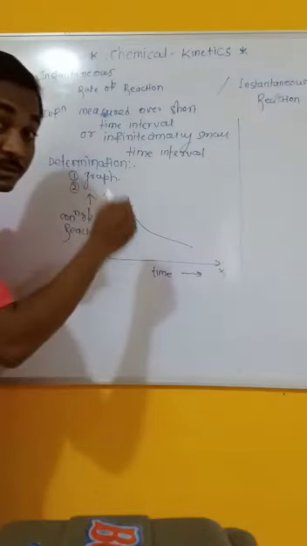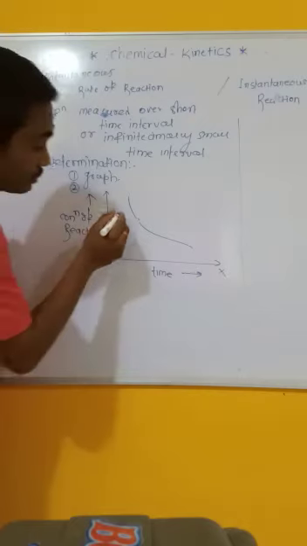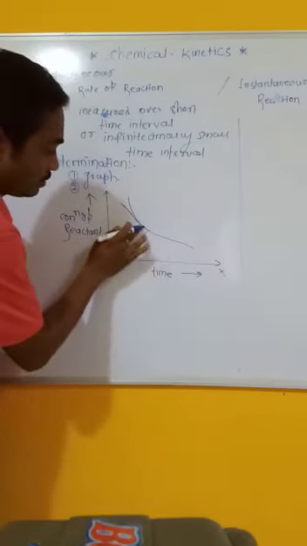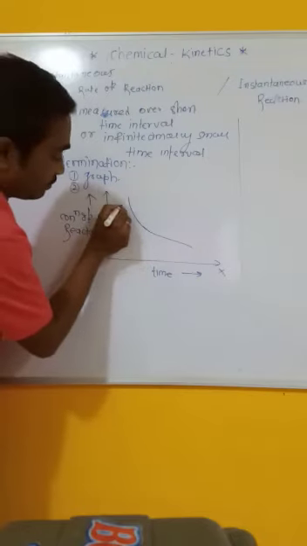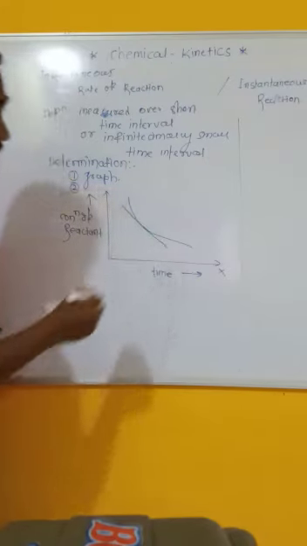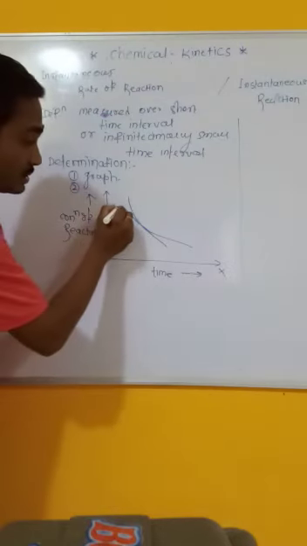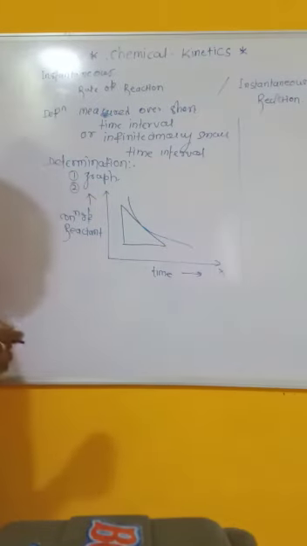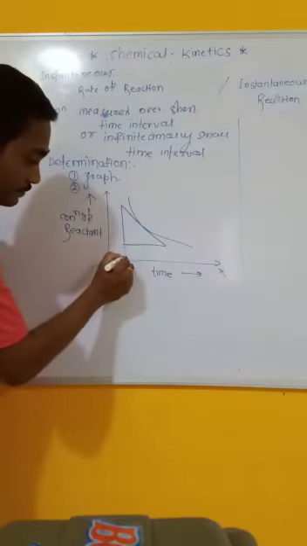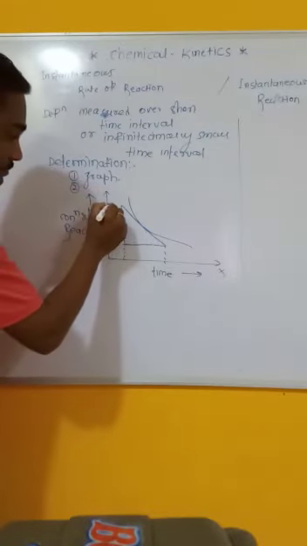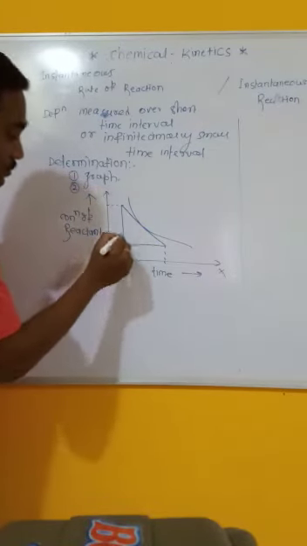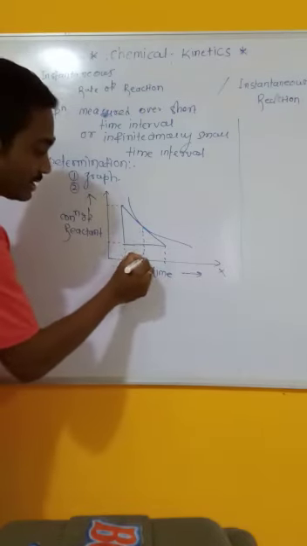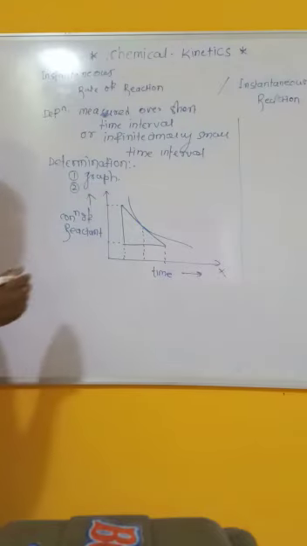The graph obtained is a curve. Then, in order to find the instantaneous rate of reaction, we have to draw a tangent to this curve. From this tangent we can calculate the instantaneous rate of reaction.